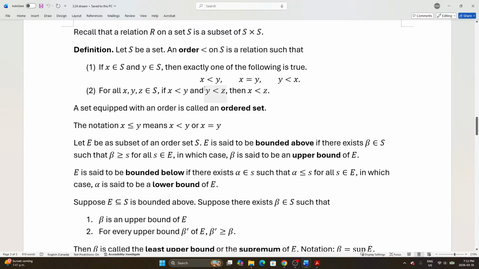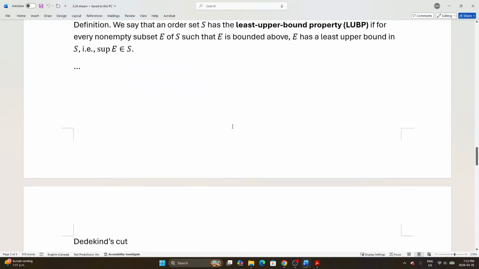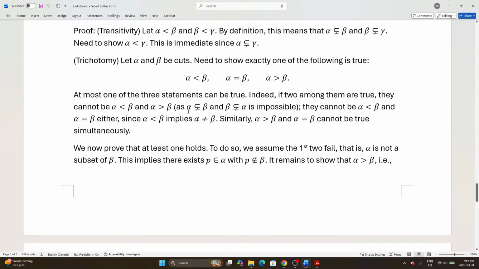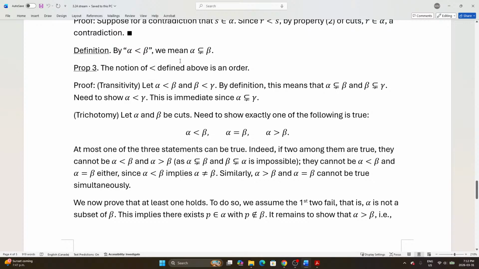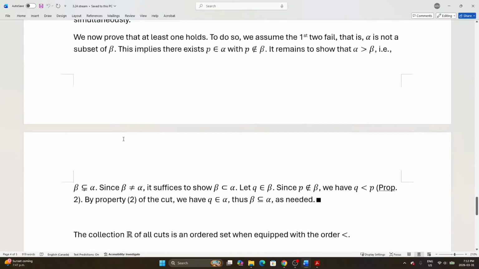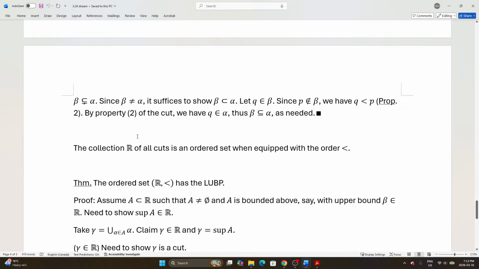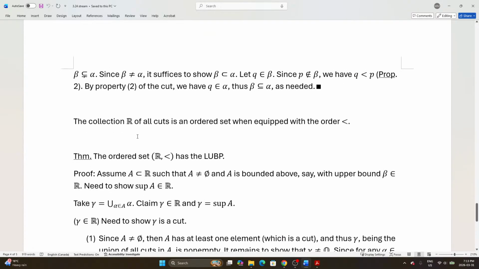We need to verify the trichotomy property: for every x and y, exactly one of the three is true. And we also need to show that it satisfies the transitivity property. This is exactly what we did right after defining the order: the transitivity and trichotomy, and after that, we have a big theorem.